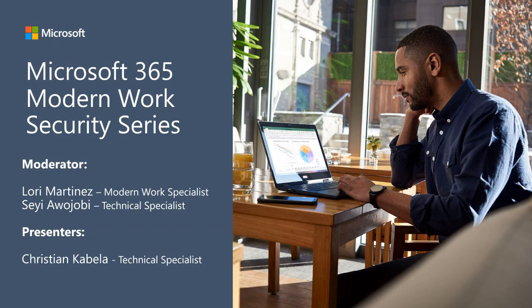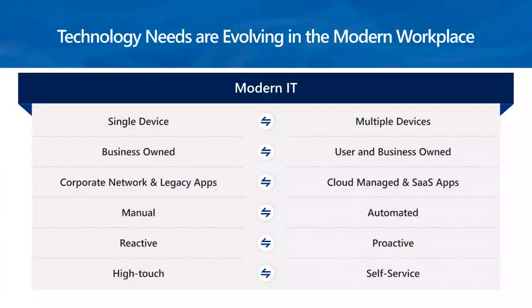So technology needs are evolving in the modern workplace. We know that the reality is that we're living in the classical, traditional IT, and there's a real tension here, right? So IT departments have built themselves around the traditional PC life cycles, managing images, controlling updates, locking down behavior, protecting users. And so the reality is that IT is evolving and adapting.